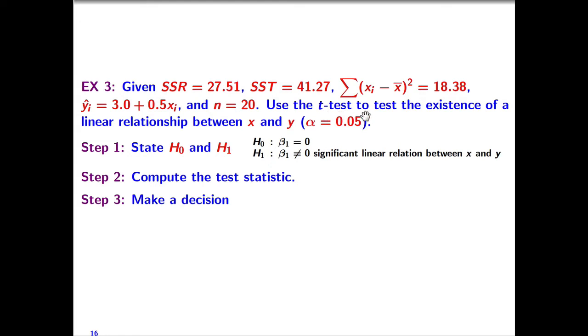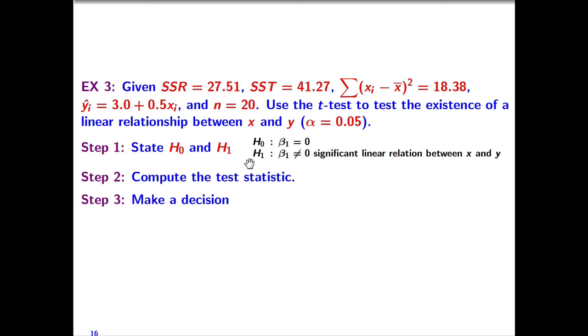Use the t-test to test the existence of a linear relationship between x and y with the level of significance alpha equal to 0.05. Again, we are going to use this 3-step procedure to do our hypothesis testing. State H0 and H1 is our step number 1.